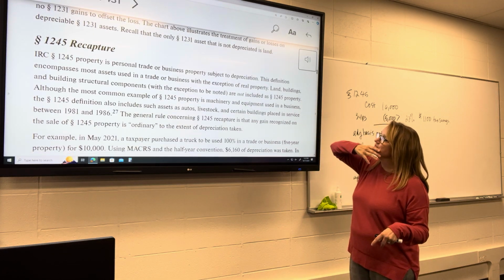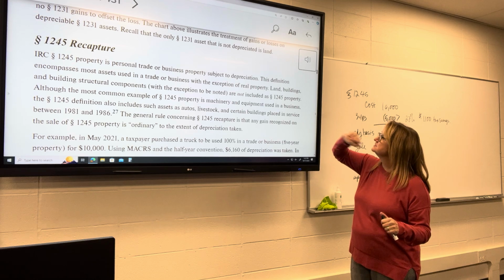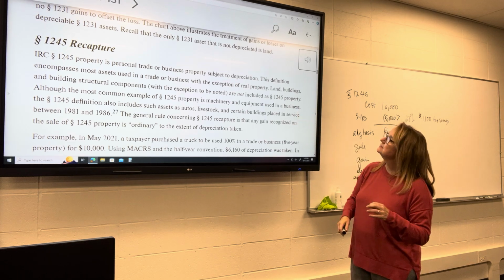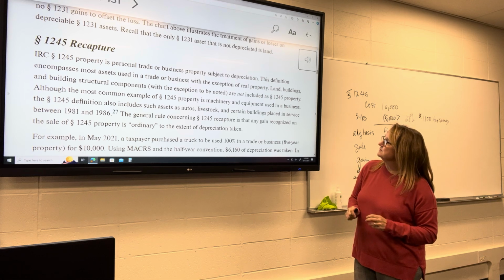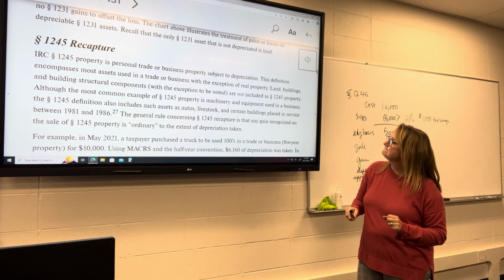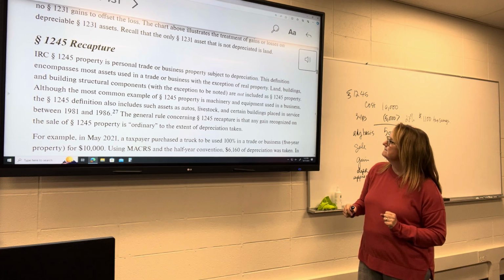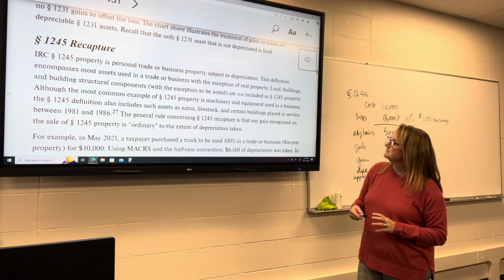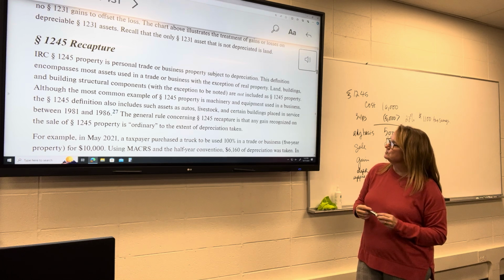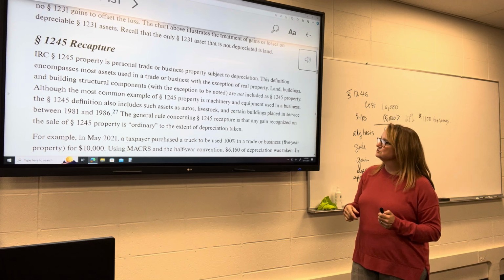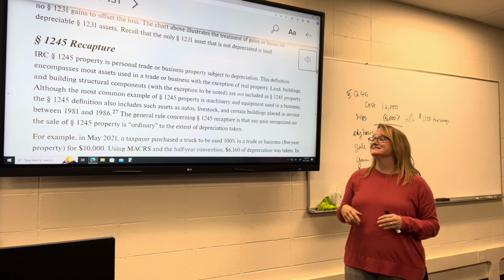So let's see, 1245 recapture, we just kind of went through this. Let me see if there's anything different that they say in here. This is most assets that are used in trade or business with the exception of real property. Most common example, machinery and equipment. Could also include automobiles, livestock, certain buildings placed in service between 1981 and 1986.